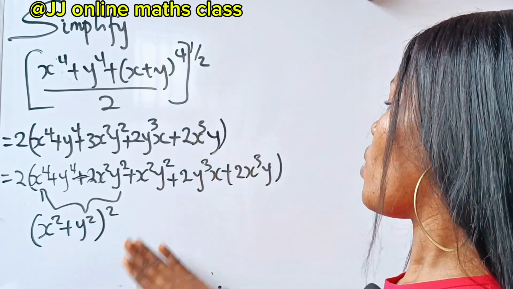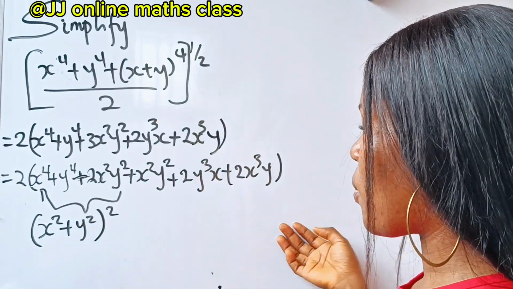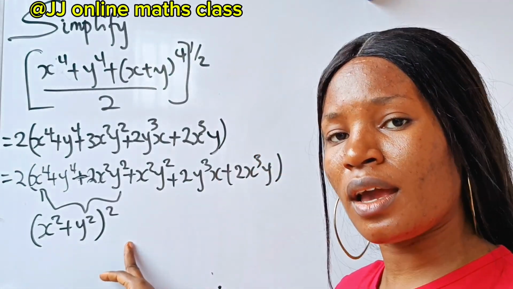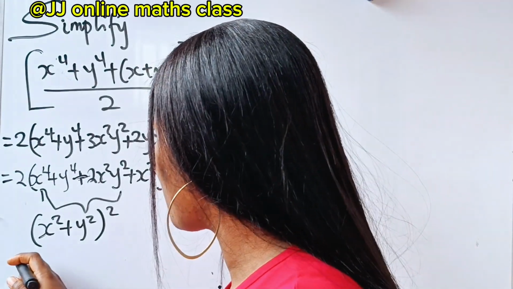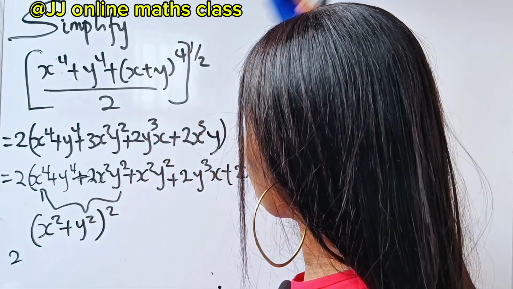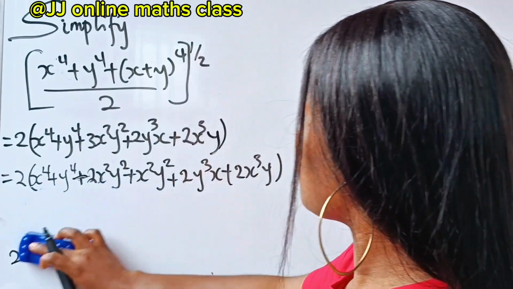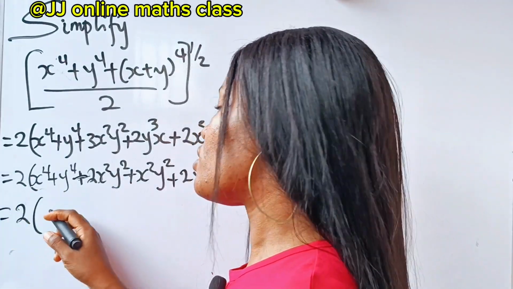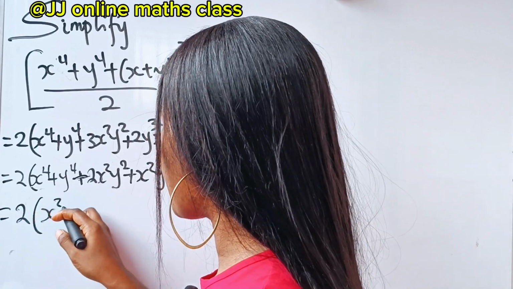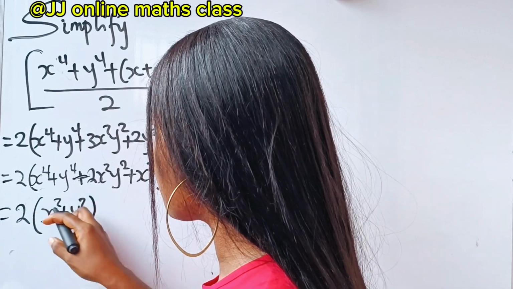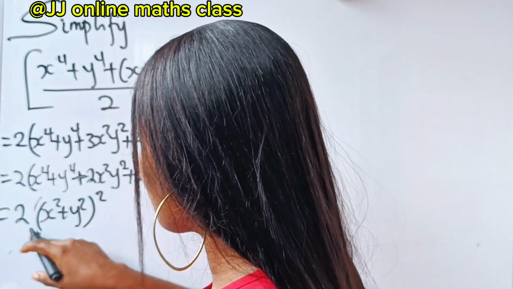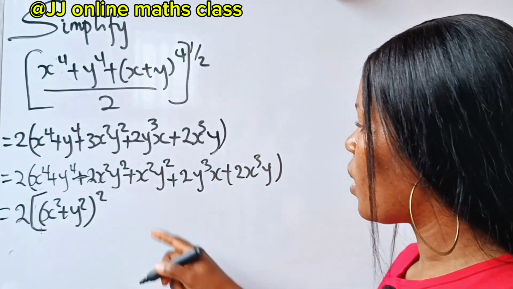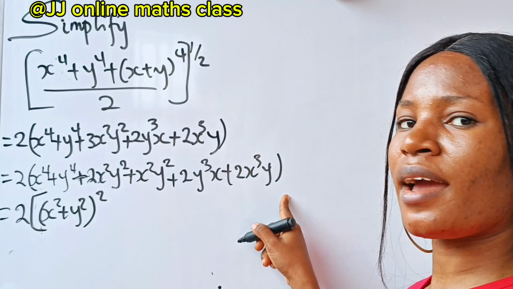Okay, so that means that in the next step we are going to replace from here to here. We are going to substitute this in for it. That means this is equal to 2 brackets x squared plus y squared all squared. Then we continue from here, right?